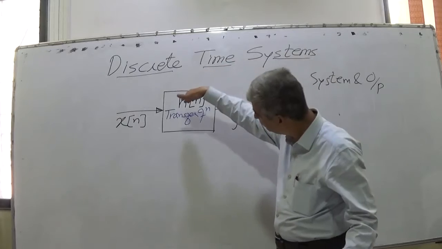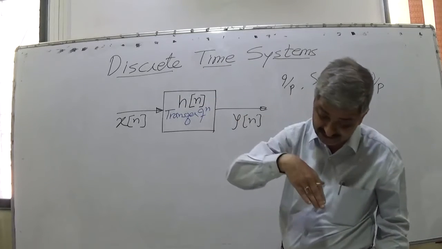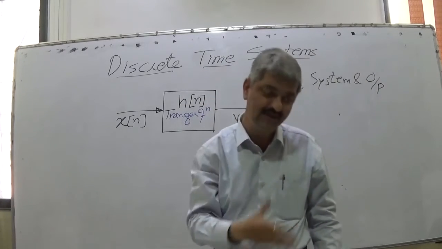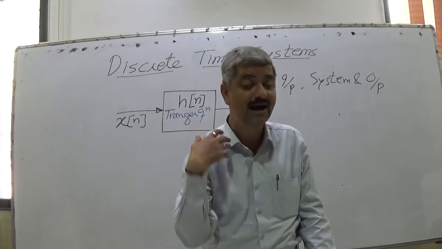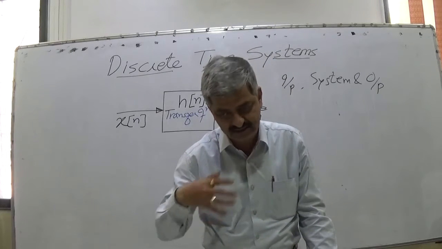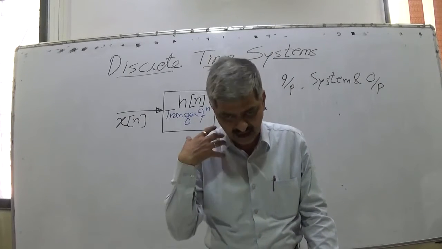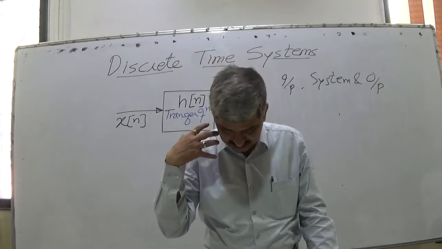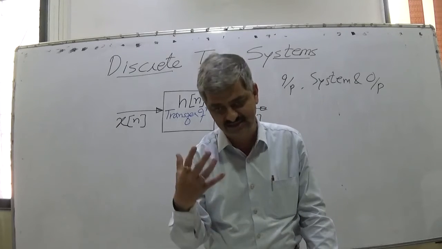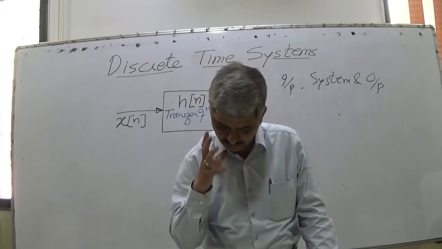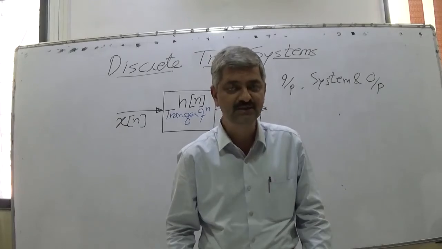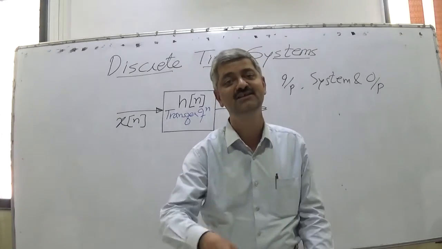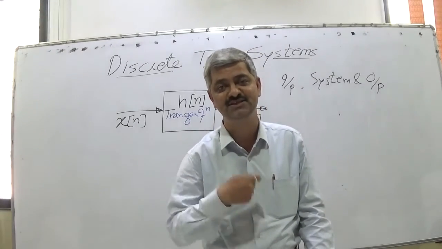And then what is the biggest advantage of discrete time? Why is this branch, discrete time and its handling in digital systems or digital signal processing, important? It is because just by changing the program you can change the system.